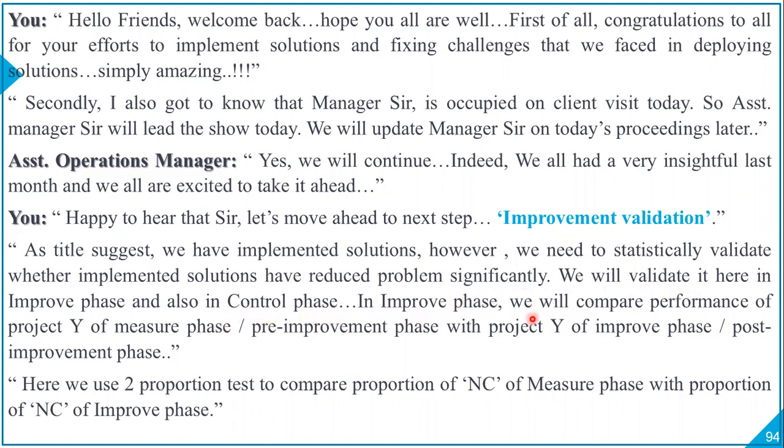In the improve phase, we will compare the performance of project Y of the measure phase, that is the pre-improvement phase, with project Y of the improve phase, that is the post-improvement phase, after implementation of the solution. Here, we use a two proportion test to compare the proportion of NC of the measure phase with the proportion of NC of the improve phase.